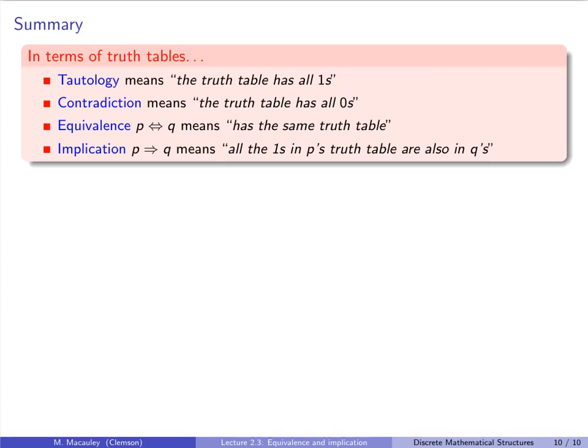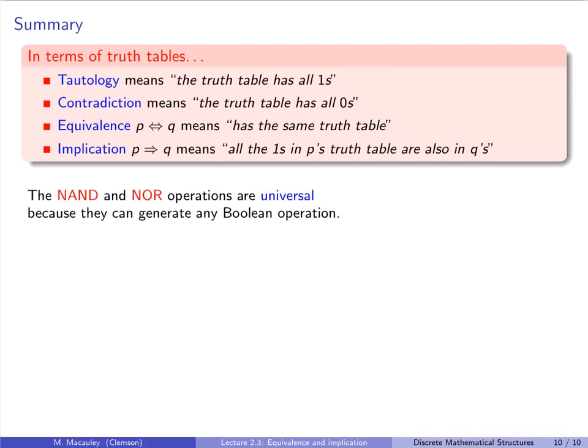And implication, if P implies Q, that means that all of the ones in P's truth table are also in Q's truth table. So anytime P is true, Q must be true, but not necessarily vice versa. And also, it's not necessarily true that anytime P is false, Q is false.